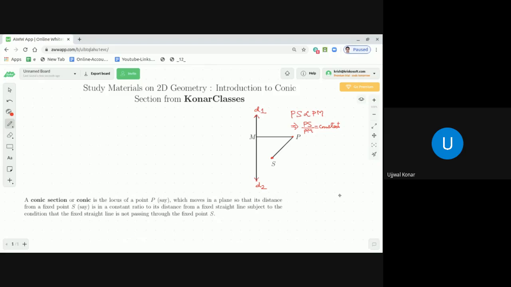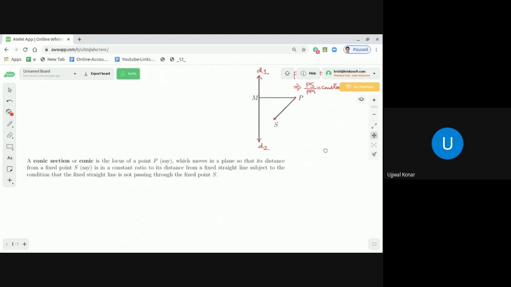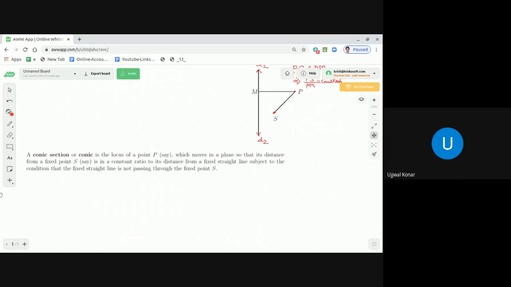Now, before I proceed further, we can say these are the three fundamental points. What we understood is that SP by PM is constant. Correct or not, dear students?